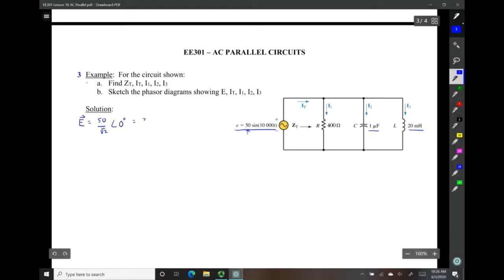And we can simplify this by writing 35.35 angle 0 degrees for our volts.